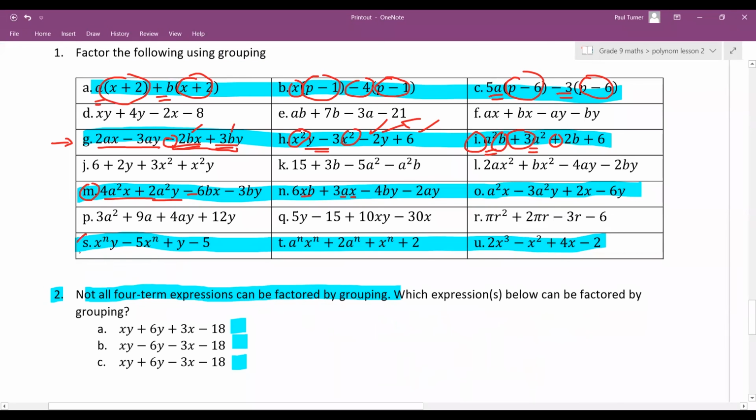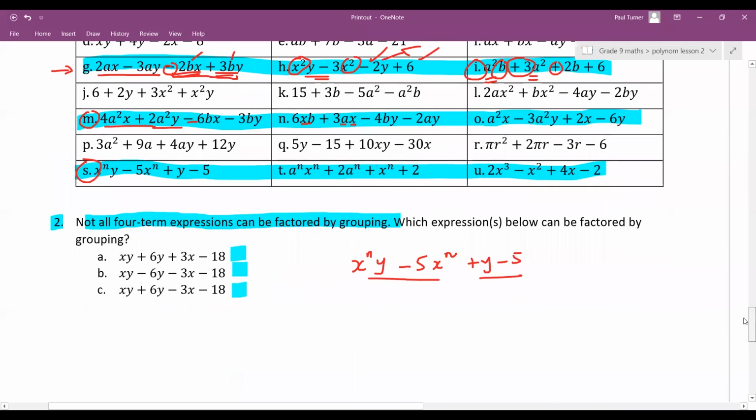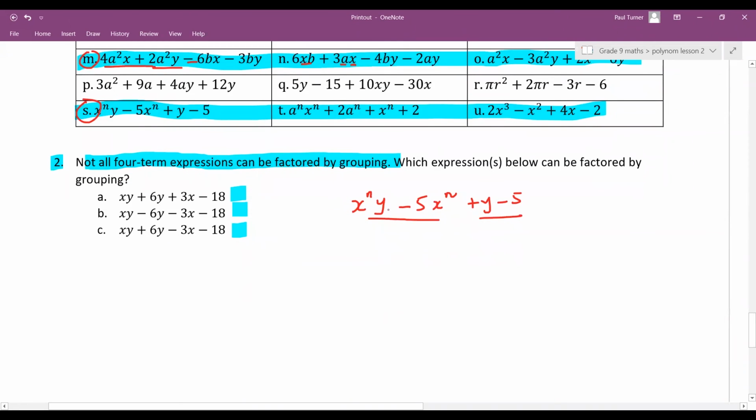So let's look at S. We've got xn y minus 5xn, I'll write it out, plus y minus 5. So underline your terms. With this one, it looks like xn. It doesn't matter that there's a power there. This is the same. So xn would be your common factor. So write xn at the front. You would be left with y minus 5.